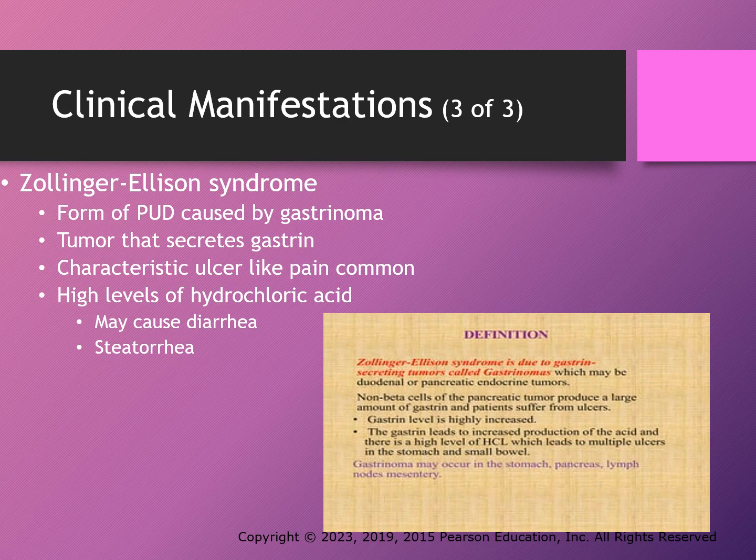If the obstruction becomes complete, vomiting occurs, and it can be like projectile vomiting. Hydrochloric acid, sodium, and potassium are lost in the vomitus, so now you're going to have an electrolyte imbalance that leads to metabolic alkalosis. The most lethal complication of PUD is perforation, penetration of the ulcer completely through the mucosal wall.